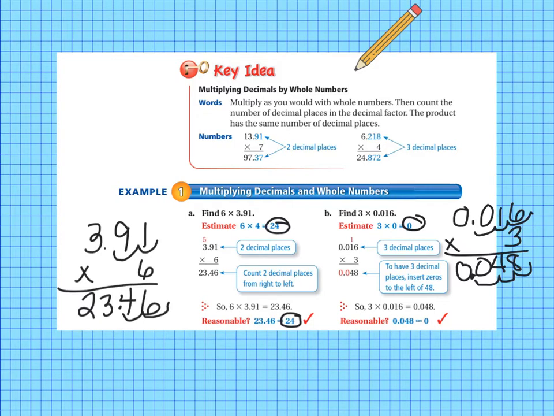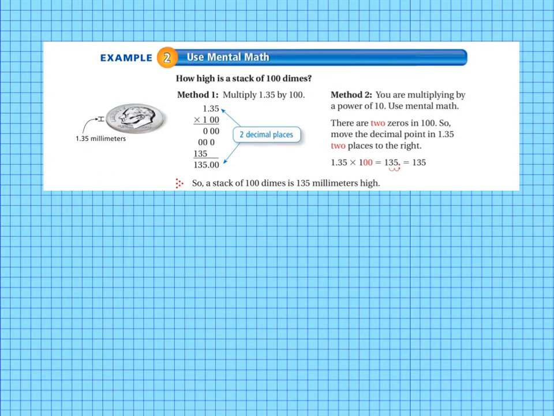Sometimes you don't have enough zeros, so you have to add those. So it says to have 3 decimal places, insert zeros to the left of 48. So 3 times 0.016 equals 0.048. That is very, very close to 0. So it is reasonable. There are other times when we can use mental math.